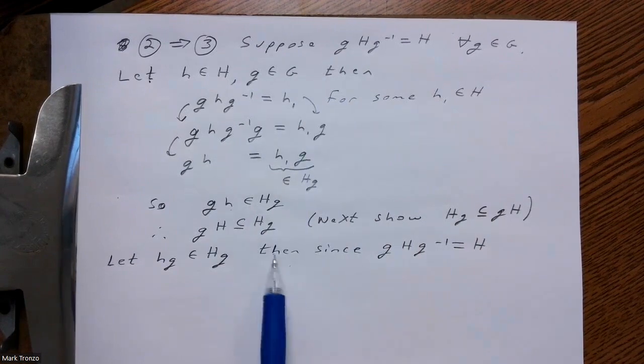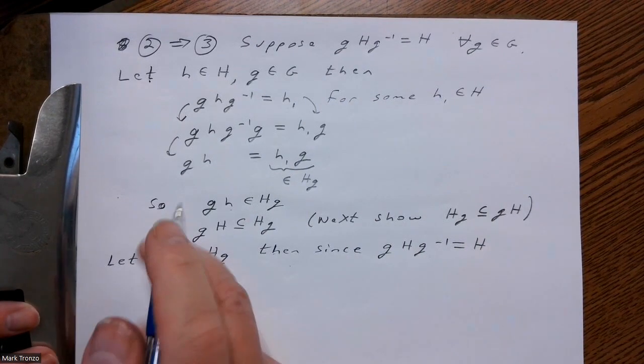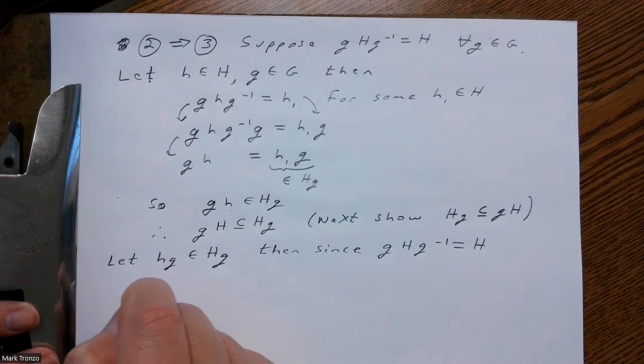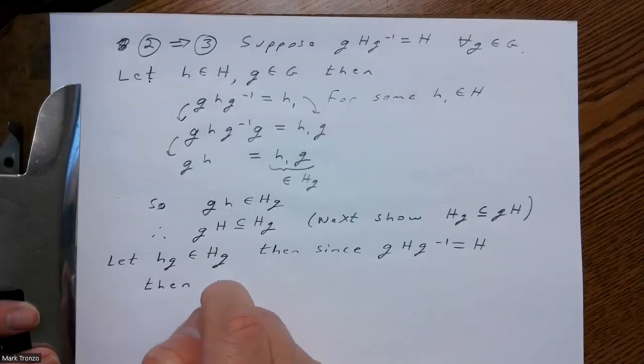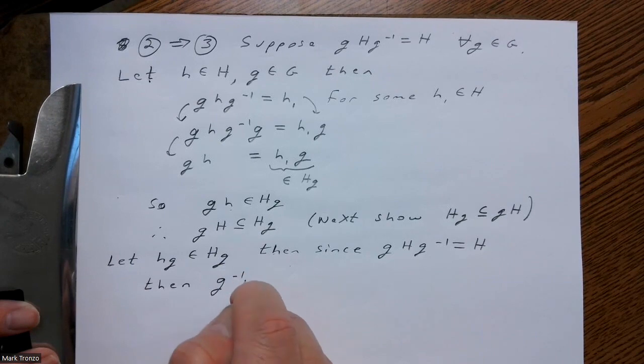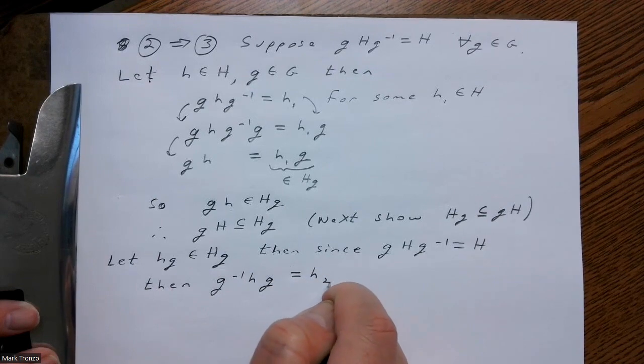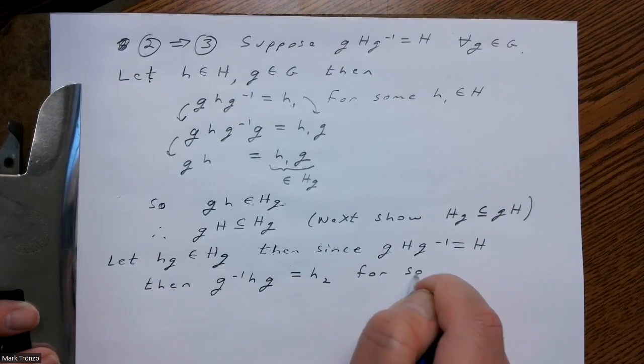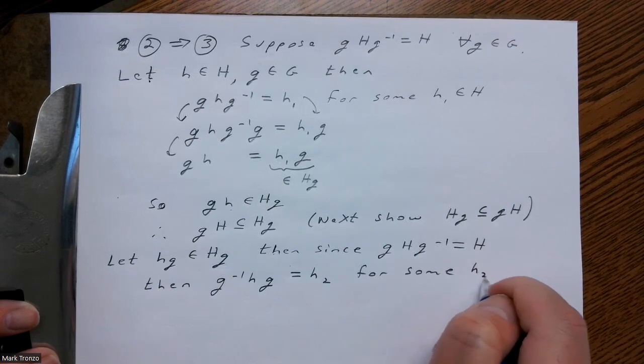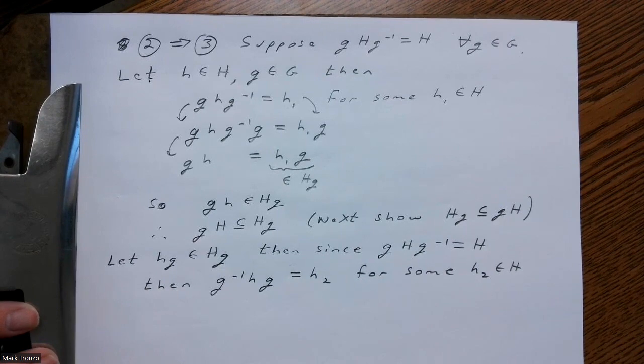And then since that's true, let's see, G inverse H G is equal to H2 for some H2 in H. So if this is true, then this is going to be true for some H2 in H. In other words, we're getting this from this step here.